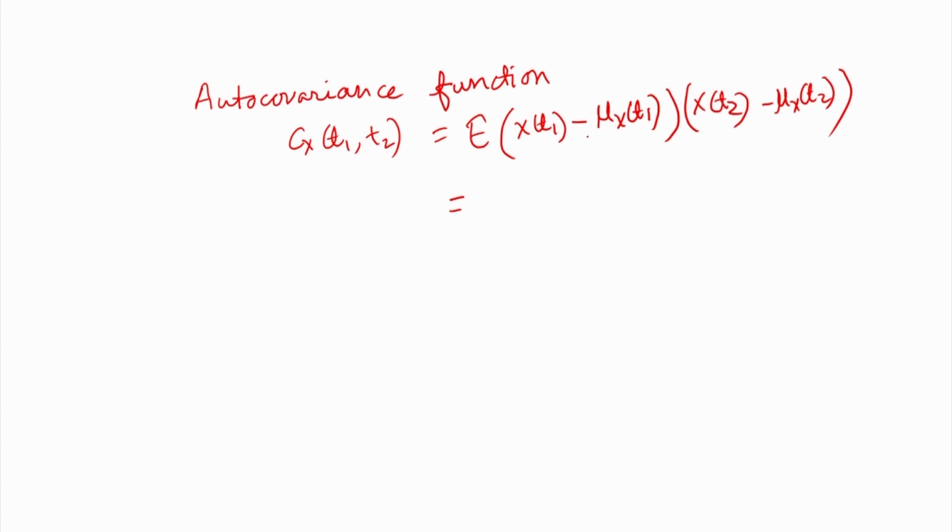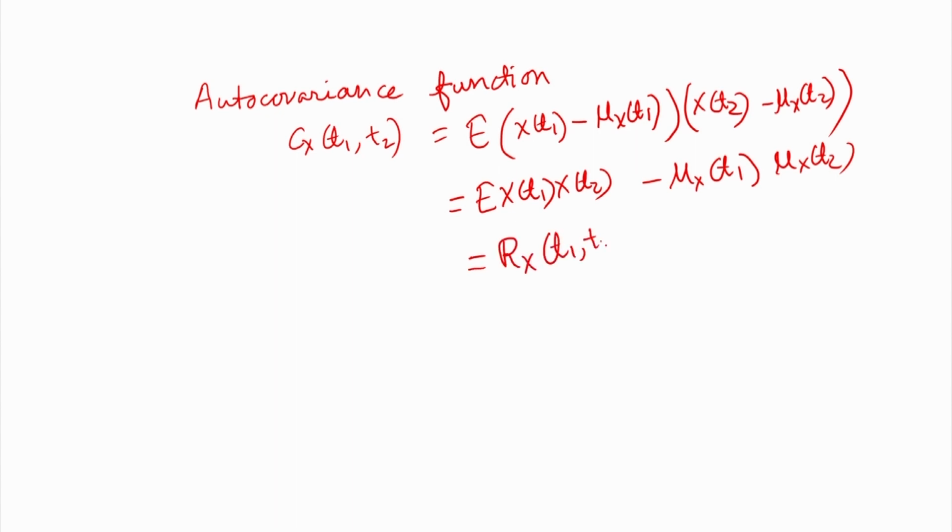again we can use the property of joint moments. We can define it as E of x t1 into x t2 minus mu x t1 into mu x t2, and this is nothing but the autocorrelation function R x of t1 t2 minus mu x t1 into mu x t2.